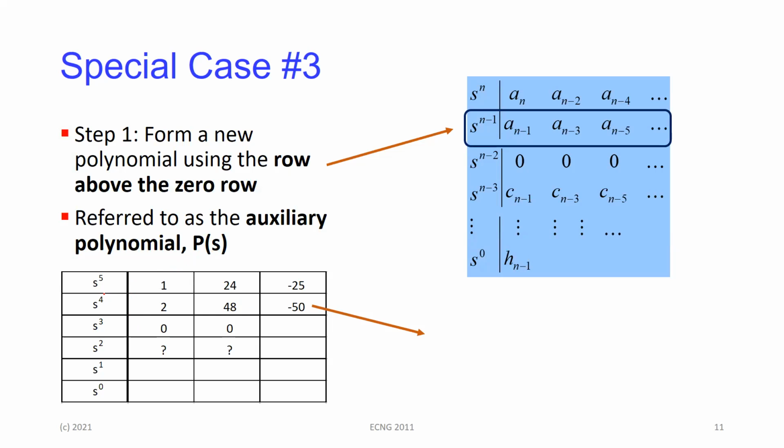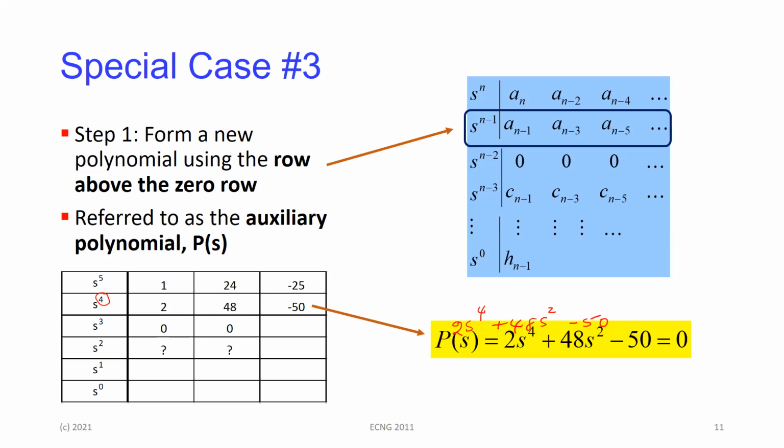So this is s to the n here, n is 4. So that row will be 2s to the power 4 plus 48s squared minus 50. So you form a new polynomial in that row.